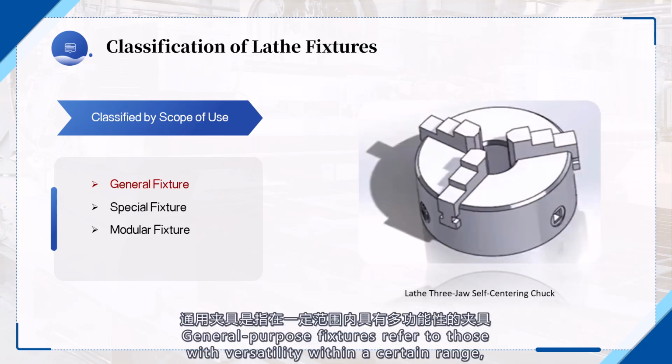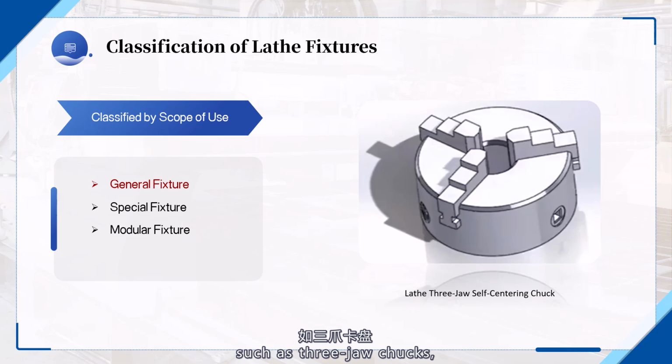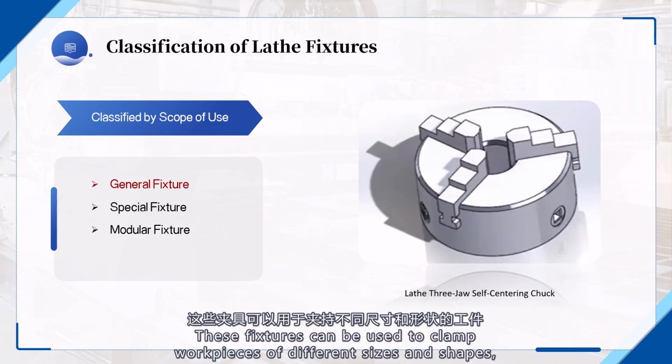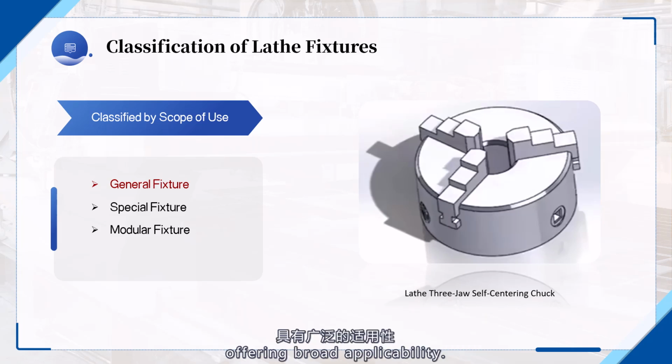General-purpose fixtures refer to those with versatility within a certain range, such as 3-jaw chucks, 4-jaw chucks, and centers. These fixtures can be used to clamp workpieces of different sizes and shapes, offering broad applicability.